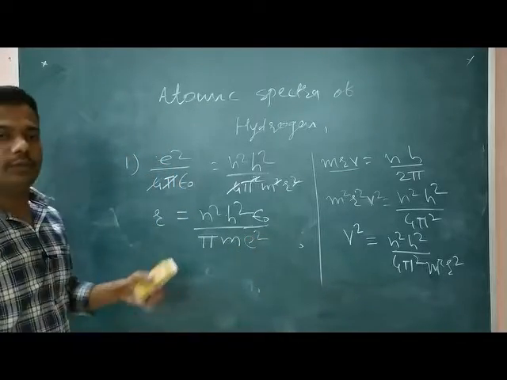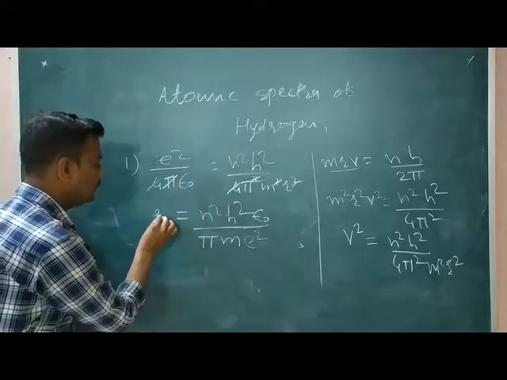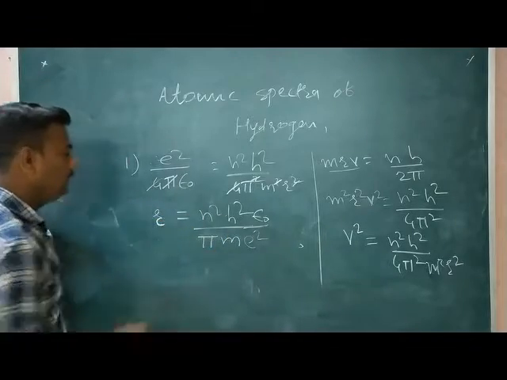This is numerator on numerator, so it will go to the denominator. So this is what we have calculated, we have calculated r.